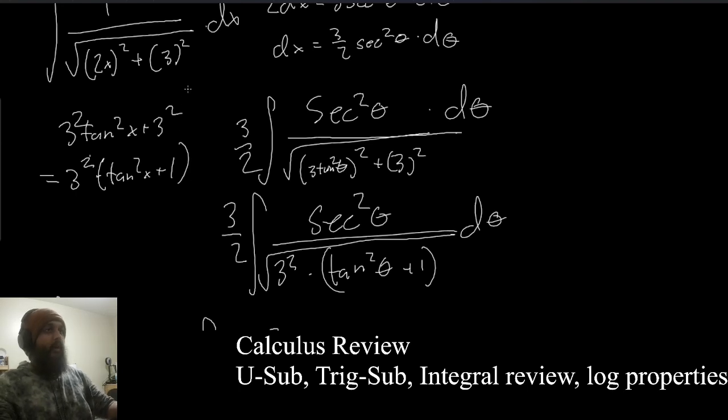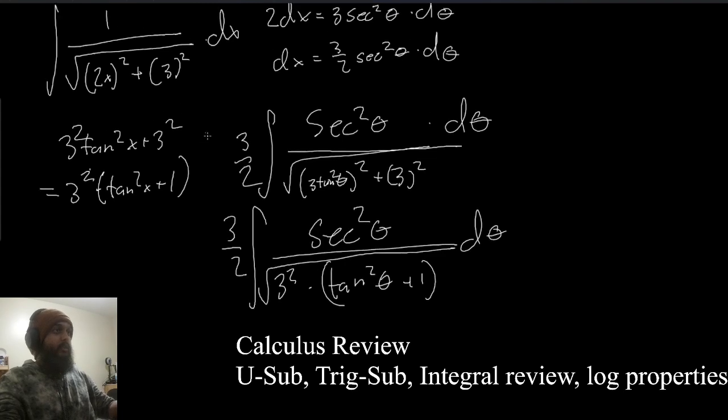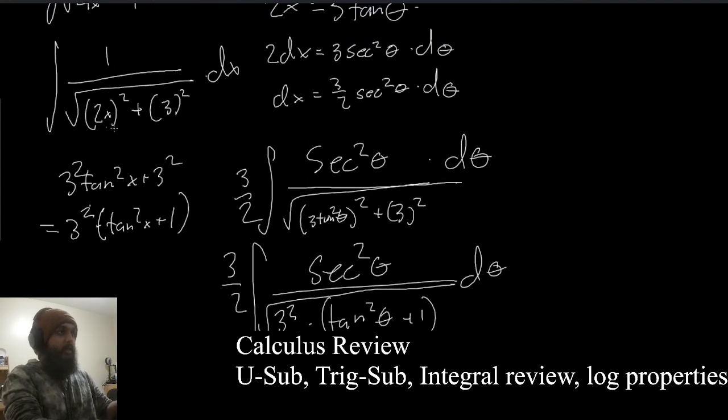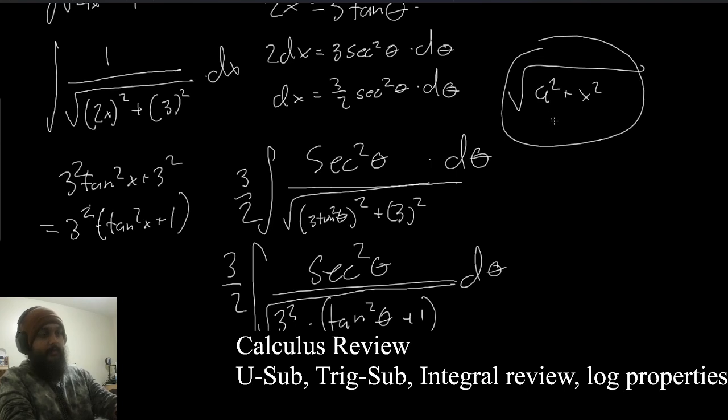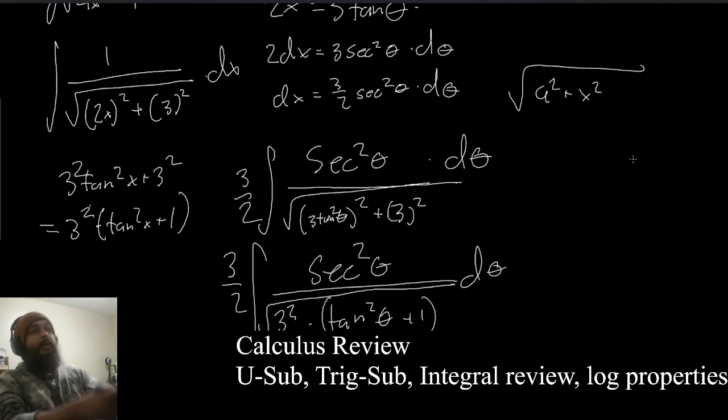And in fact, the reason trig sub is so necessary is because, like here, a squared plus x squared, you can't simplify this, right? But with trig sub, this allows you to simplify it.